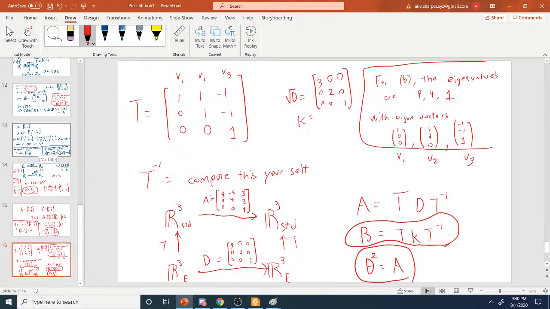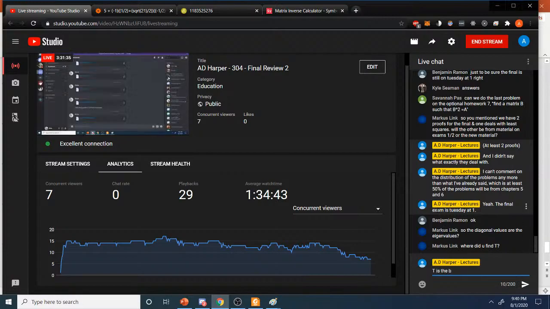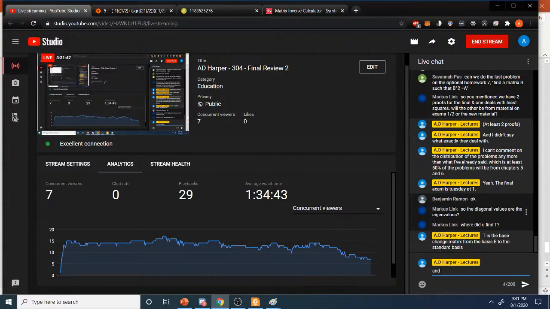Sorry, I was being a little bit sloppy on this last one, but my brain is starting to freeze. So T is the base change matrix from the basis E to the standard basis, and the columns are exactly the eigenvectors.